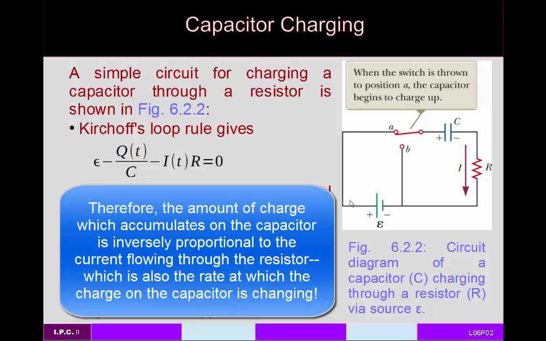Basically, the current flowing through this resistor times the resistance value is the voltage drop across the resistor. The charge stored on each plate of the capacitor divided by the capacitance gives the voltage drop. So this is what Kirchhoff's loop rule ends up looking like.